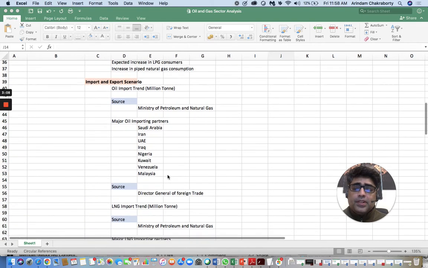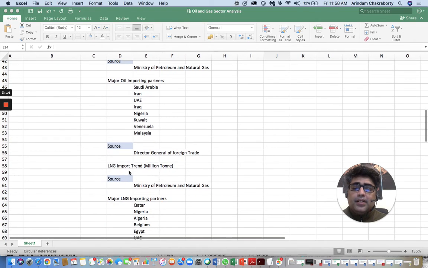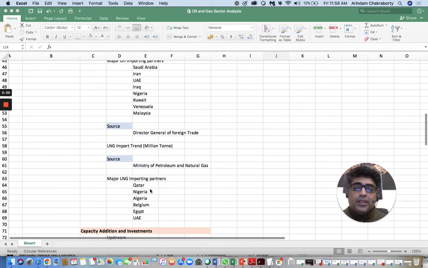A good source for this information would be the Director General of Foreign Trade website. Then there is the LNG import trend, and for that, a good source would be the Ministry of Petroleum and Natural Gas. And as we know, the LNG importing partners of India are Qatar, Nigeria, Algeria, Belgium, Egypt, and UAE, right?